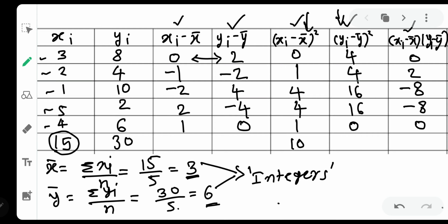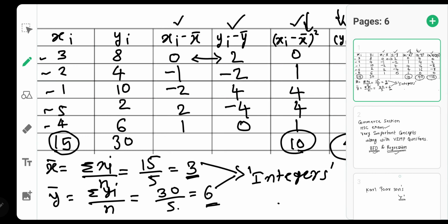Then 4 plus 4, 8 plus 16 is 24 plus 16 is 40. 40. So yi minus y bar square summation. Then product summation. Minus 8 is minus 16 plus 2 is minus 14. Only these three summations are required. Rest all you do not have to do the summation for.